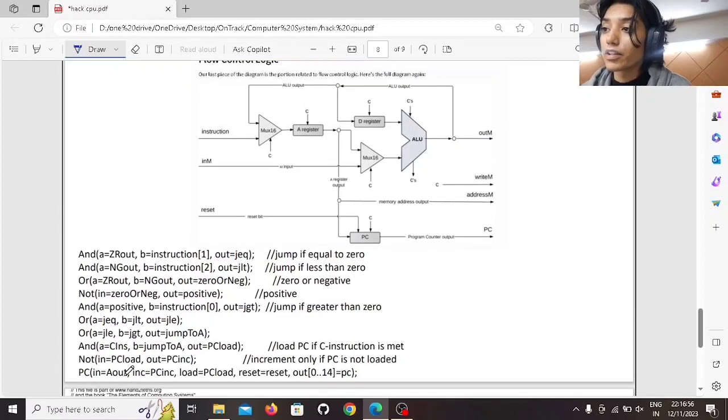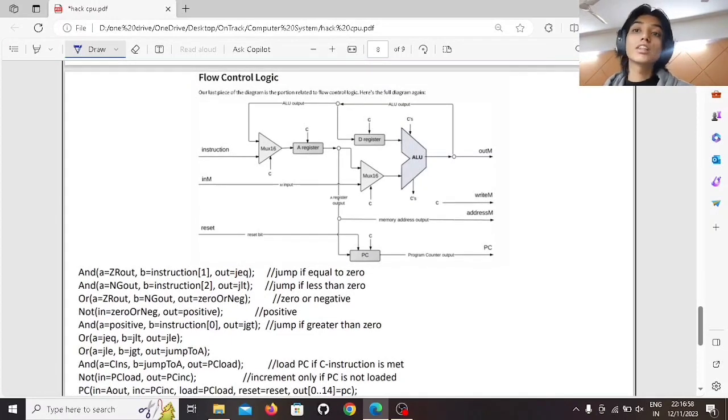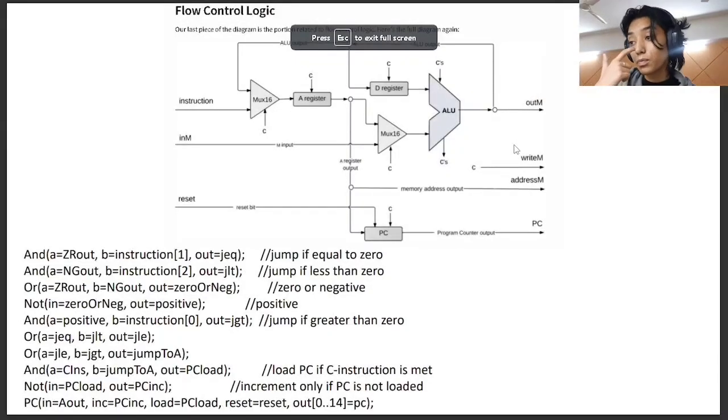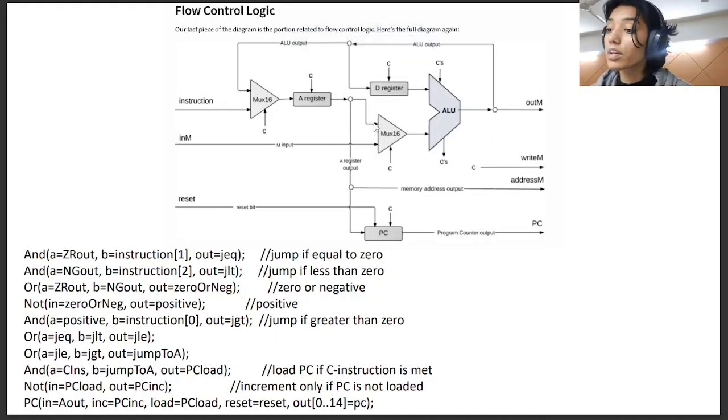After that, we have control flow. Control flow is basically nothing but the program counter. It decides whether it has to jump or not. So we have different types of jump: jump if equal to 0, which is decided by this AND gate, jump if less than 0, which is decided by this gate, and so on.